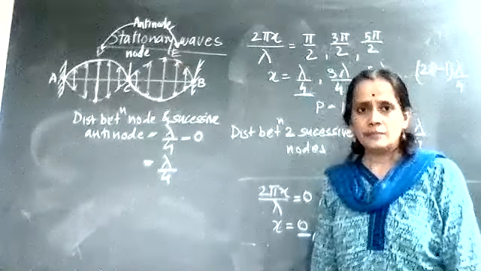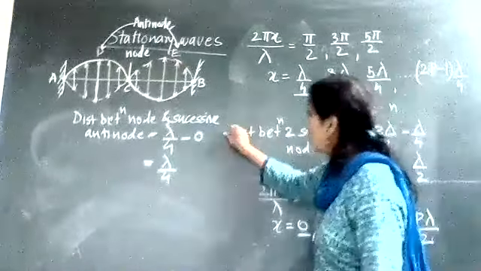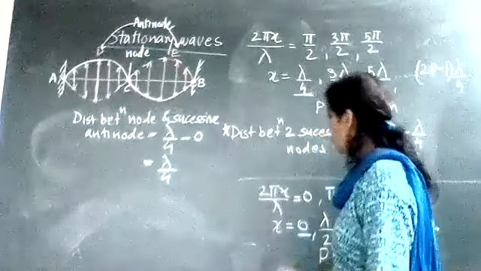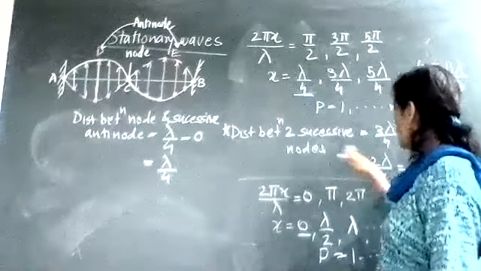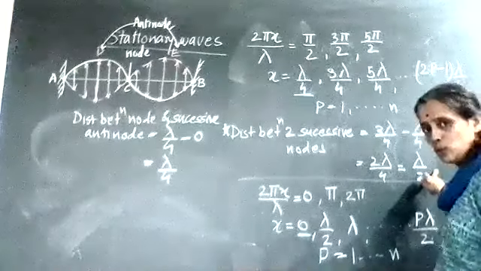Clear? So now you have to remember these important points, that is, the distance between two successive nodes is nothing but lambda by 2.